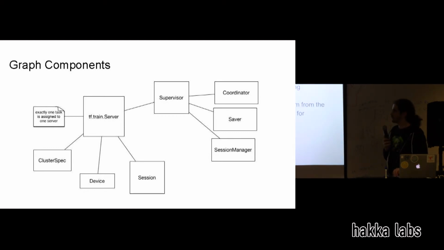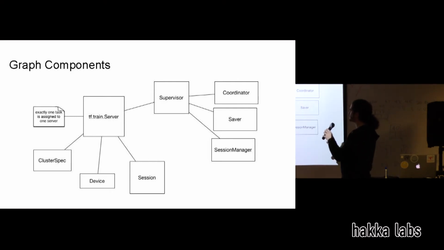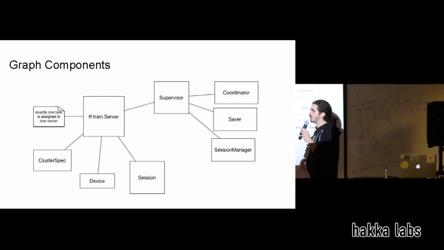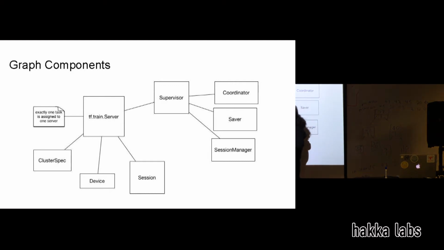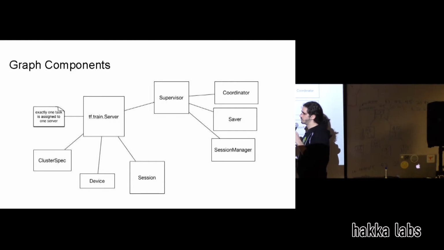Fabrizio? Yes? Okay, so which ones are actual separate nodes? Or this is... So there is nothing of the graph here. Sorry, for like workers, I guess. So it would be a combination between the server and the session. It has some state inside that allows you to run the graph. Does the supervisor, like that's its own worker?